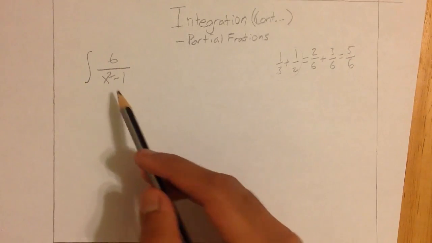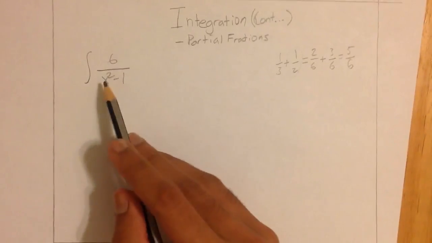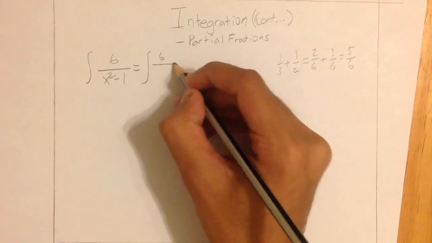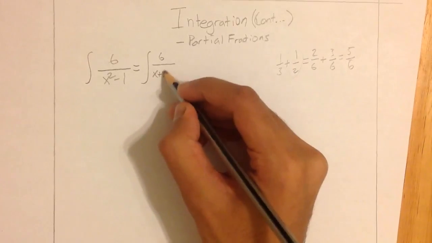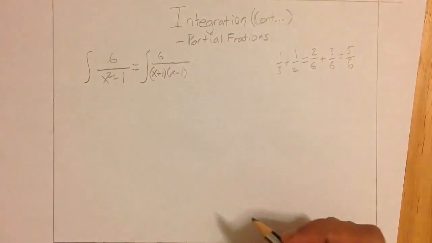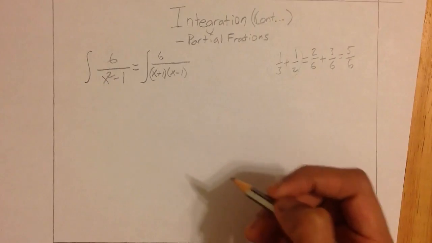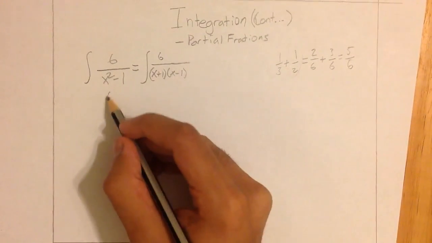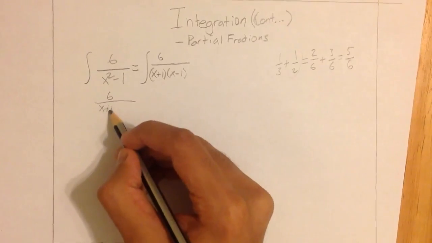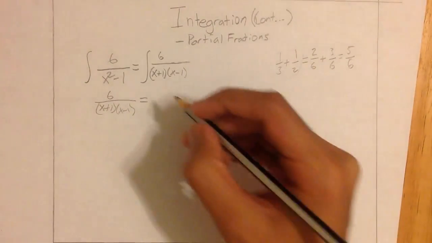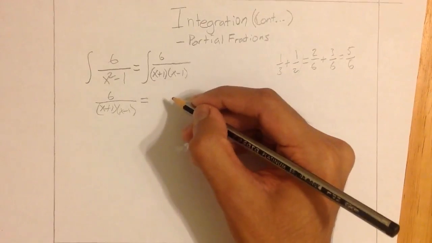Well, first, let's factor this denominator. So this equals the integral of 6 over x plus 1 times x minus 1. Then, we will set this 6 over x plus 1 times x minus 1 equal to two separate fractions.